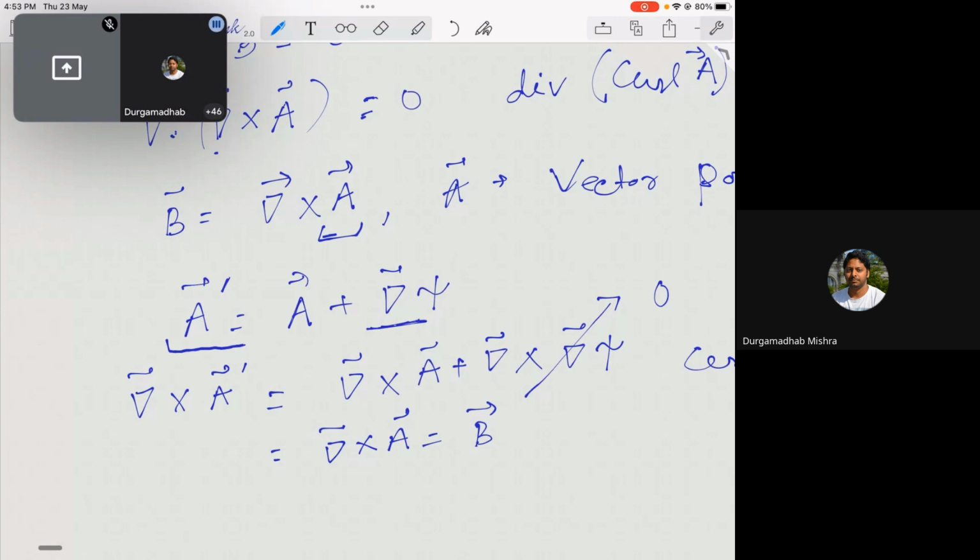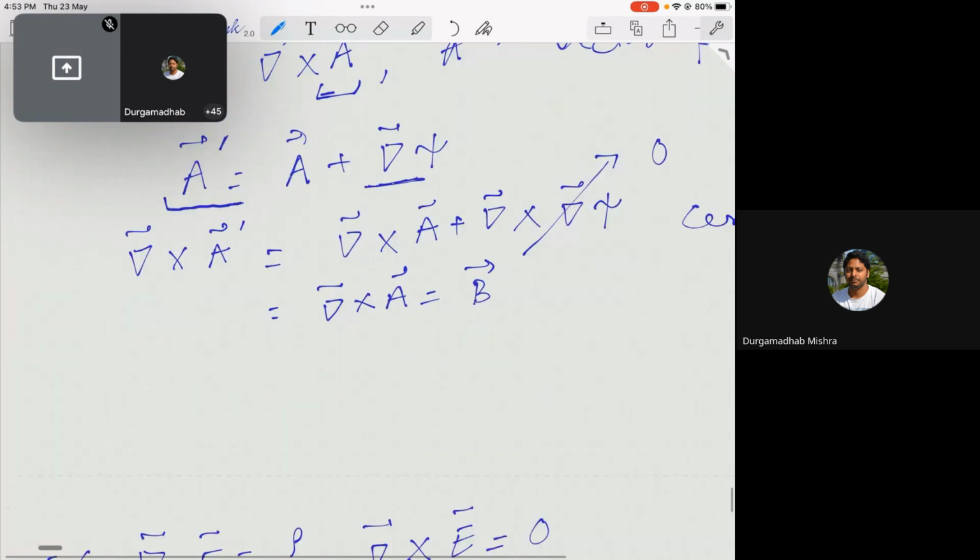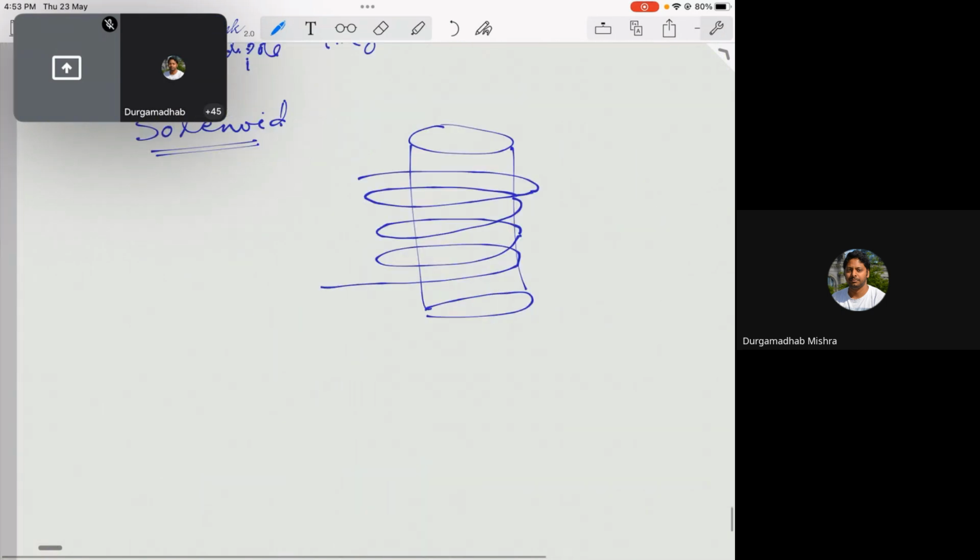If I say my scalar potential at any position r is V, I always have to calculate it in terms of some reference point. Now if I change that reference point, let me say what I mean.